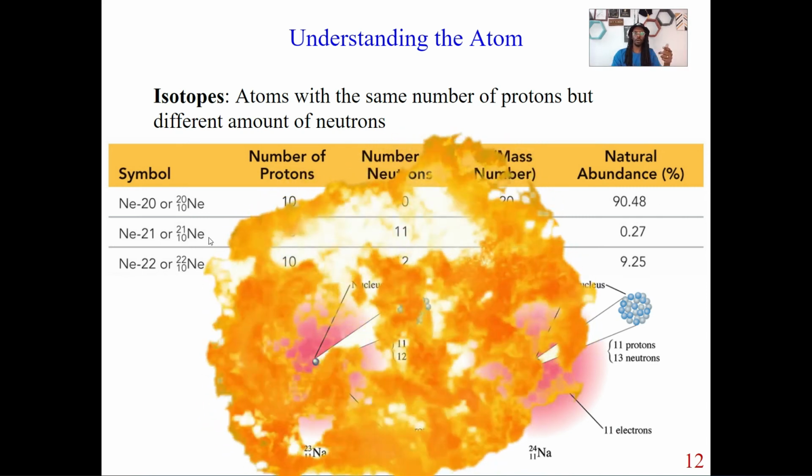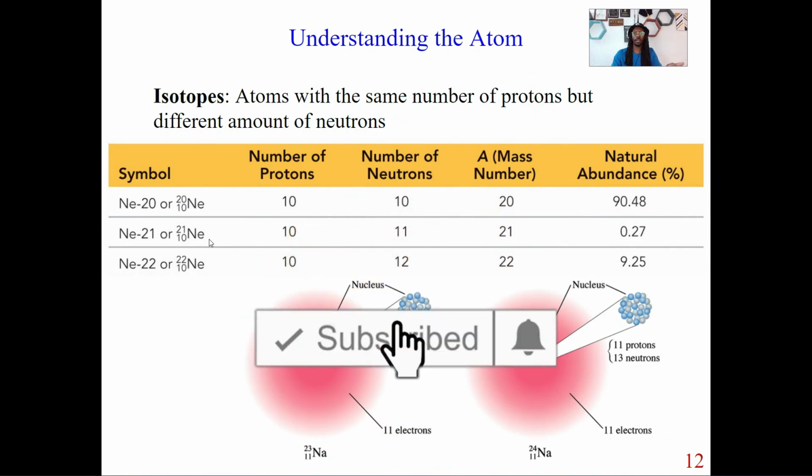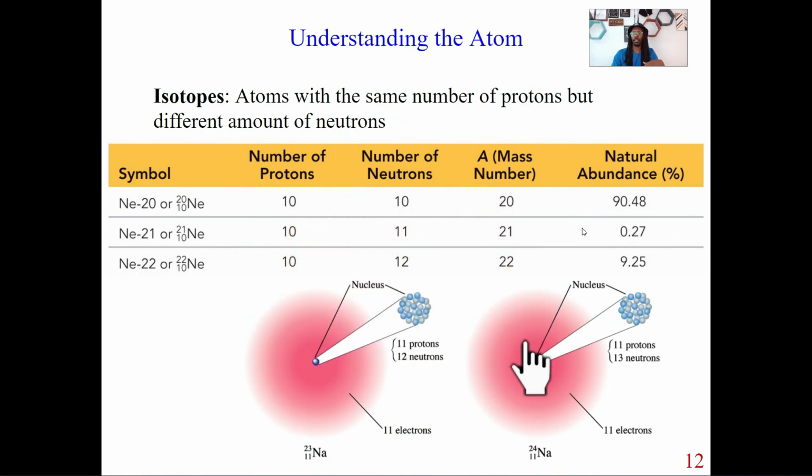If you go to neon-21, if we look at this isotope, this is telling me that it's not as abundant as neon-20. It's only 0.27% abundant. So because of this, this is a very rare isotope. It's not naturally abundant. And if we look at one more, neon-22, this is going to tell me once again that it's 9.25% naturally abundant.